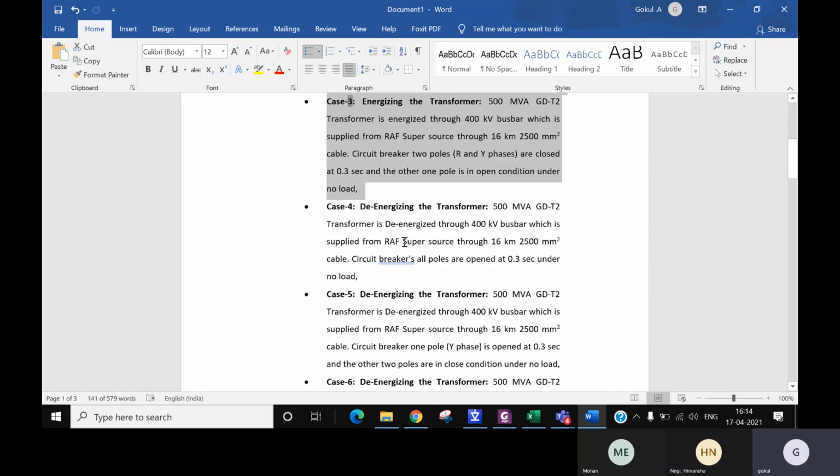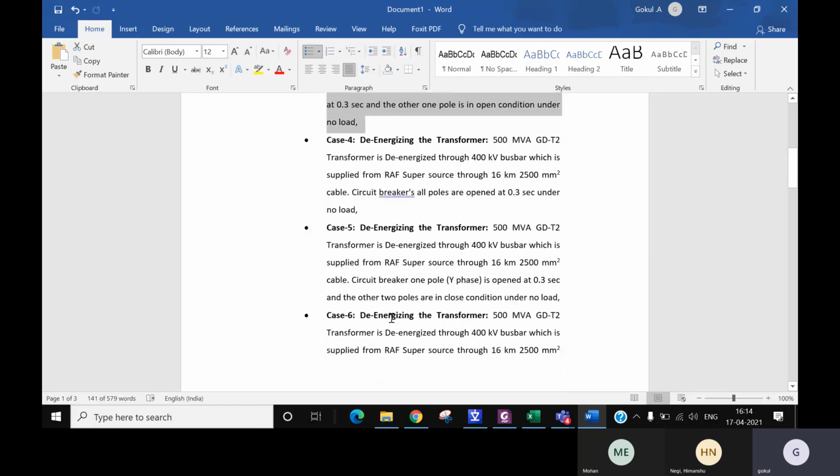Similarly for de-energizing the transformer, there are three other cases, the same cases. The circuit breaker is opened now because we have to de-energize it. Talking about this one pole thing, would you do that in the real world?